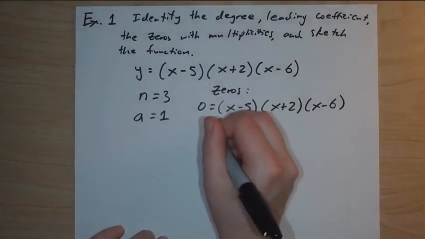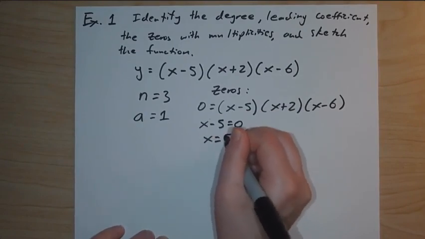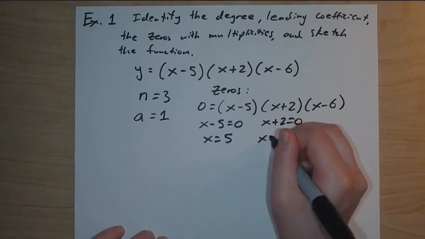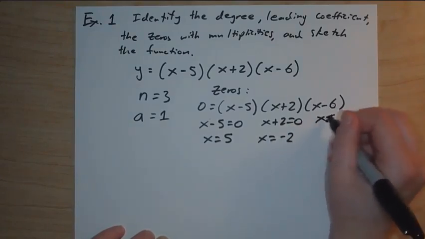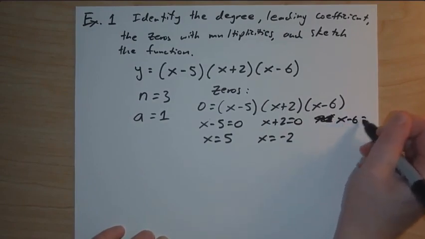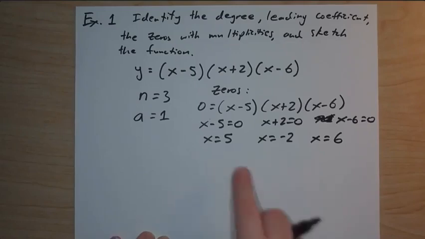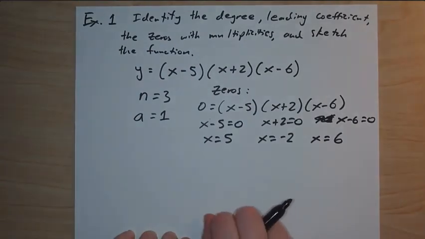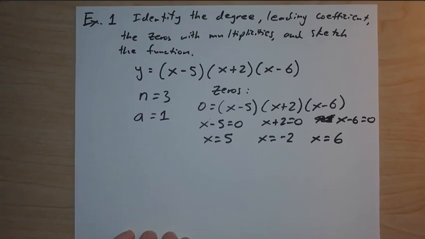So if x minus 5 is equal to 0, then x is equal to positive 5. If x plus 2 is equal to 0, then x is equal to negative 2. And if x minus 6 is equal to 0, then x is equal to positive 6. So these are our zeros, and we want to figure out their multiplicities. The multiplicity is just how many times we have that zero.